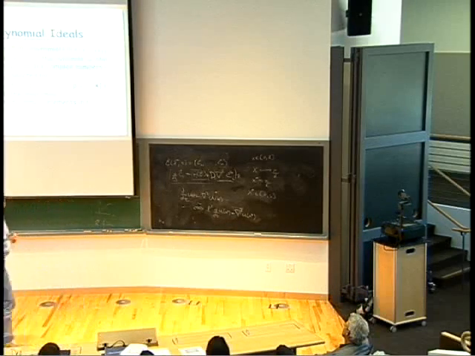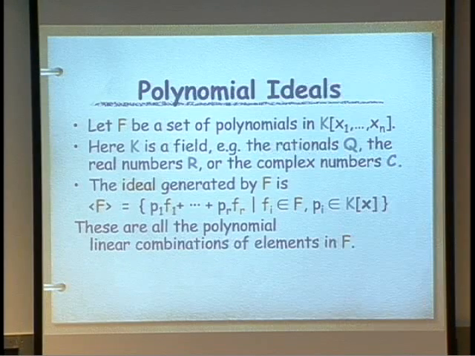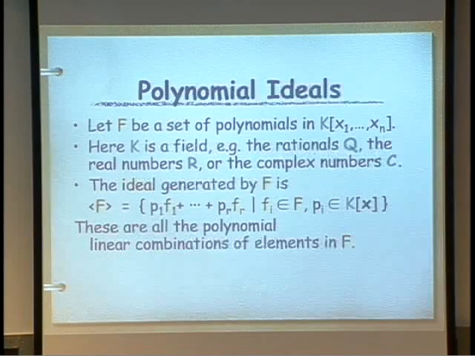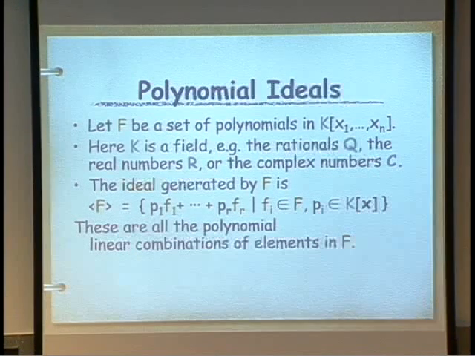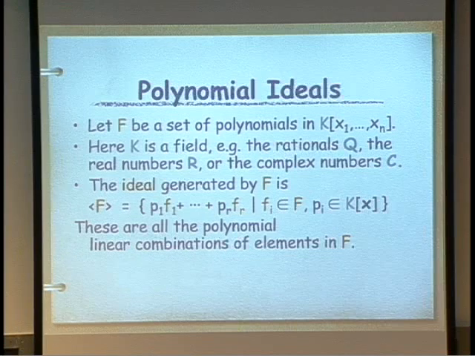So the ideal generated by a set of polynomials F is the set of all linear combinations with polynomial coefficients, P1F1 plus ... plus PrFr, where the Fi are in the given set, and the Pi are arbitrary polynomial multipliers. Such a thing is a subset of polynomials, and we call that an ideal. Now, the term ideal actually comes from ideal numbers.